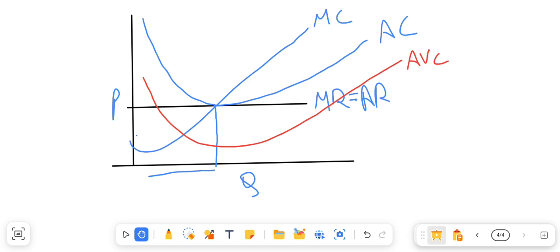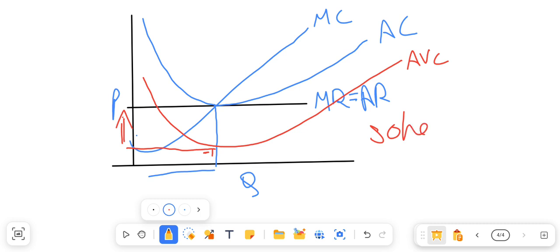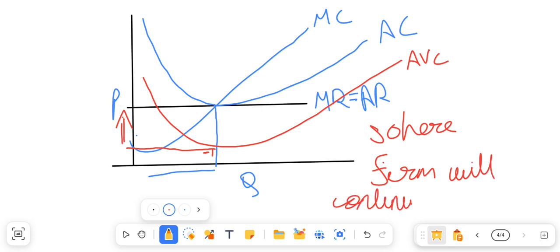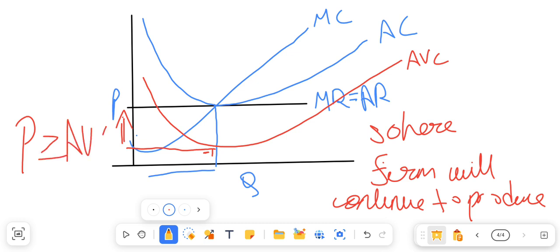Here we can see that the price is more than the average variable cost. So the firm will continue to produce, as long as it is covering its average variable cost by keeping the price more than its average variable cost.